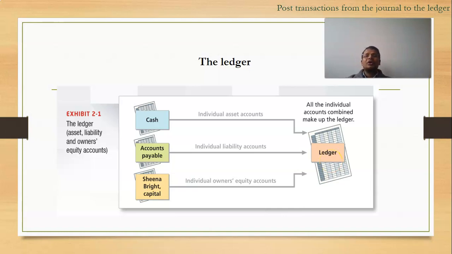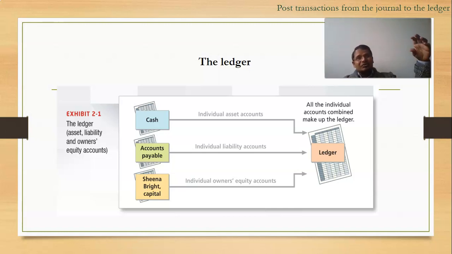We have hundreds of thousands of cash transactions, and many transactions relating to furniture, accounts receivable, accounts payable, capital. So we have to classify them under different heads.